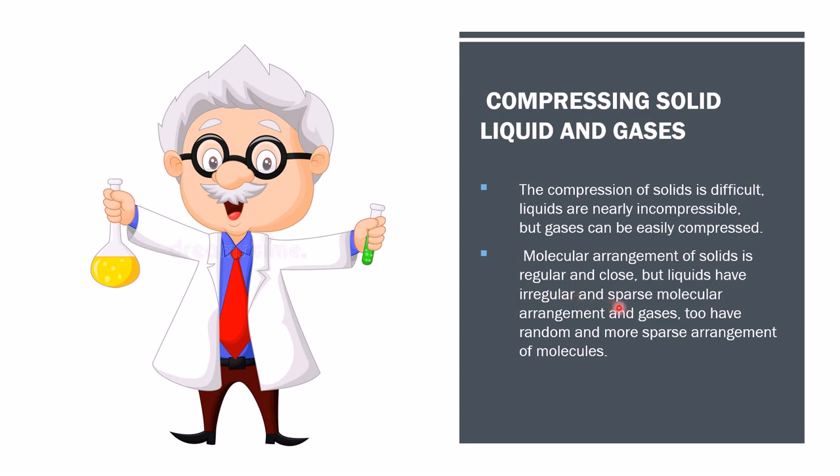Irregular also means not at all regular. And in gases too, they have random and more spaced arrangement of molecules. So in solid and in gas, the molecules are random, but in liquid, they're irregular.